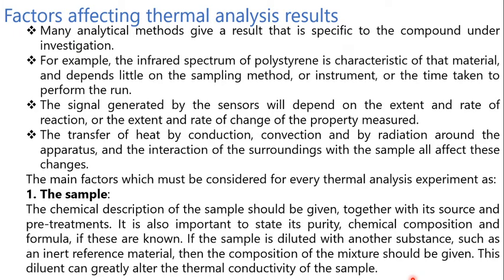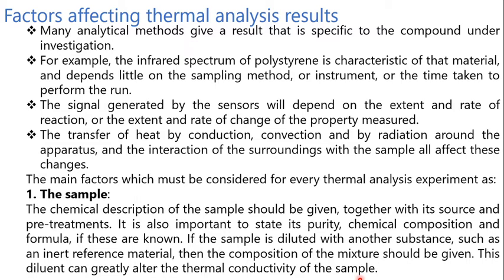Then what are the different factors that will affect the thermal analysis results? There are many analytical methods that give results specific to the compound under investigation. For example, the infrared spectrum of polystyrene is characteristic of that material and depends little on the sampling method or instrument or the time taken to perform the run.